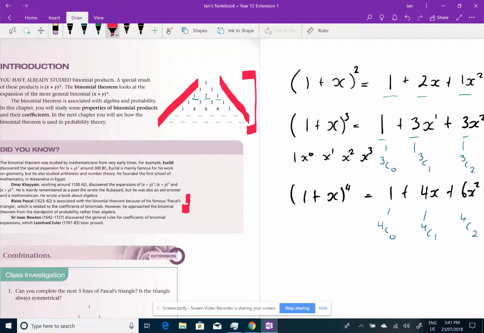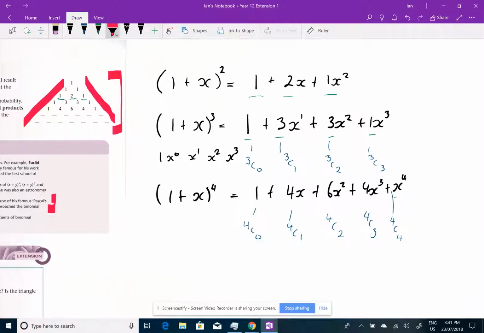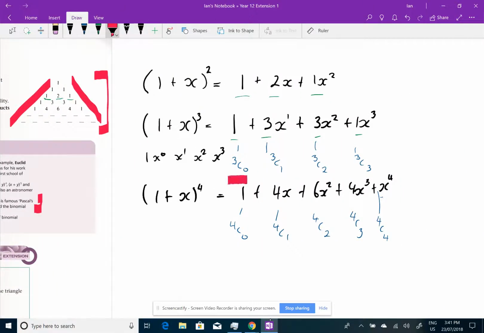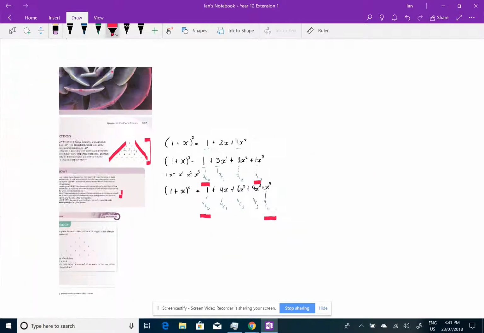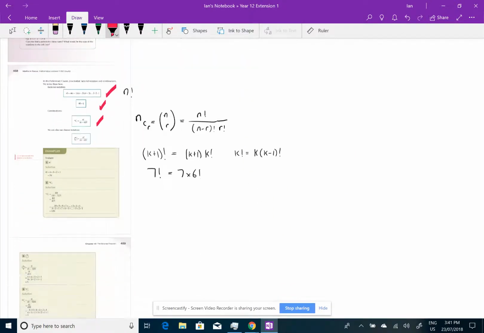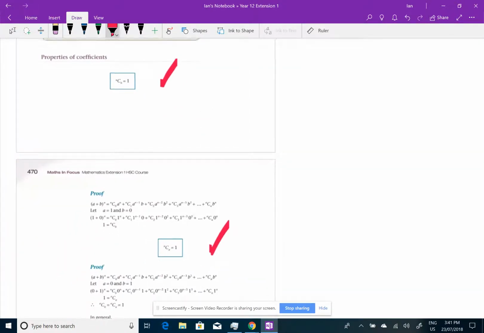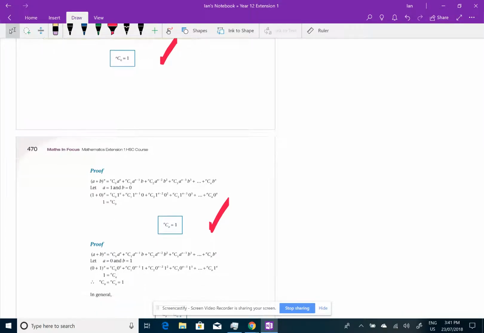So nC0 and nCn. Here they are. 3C0 and 3C3. 4C0 and 4C4. They equal 1. So you need to know nC0 equals 1 and nCn equals 1.